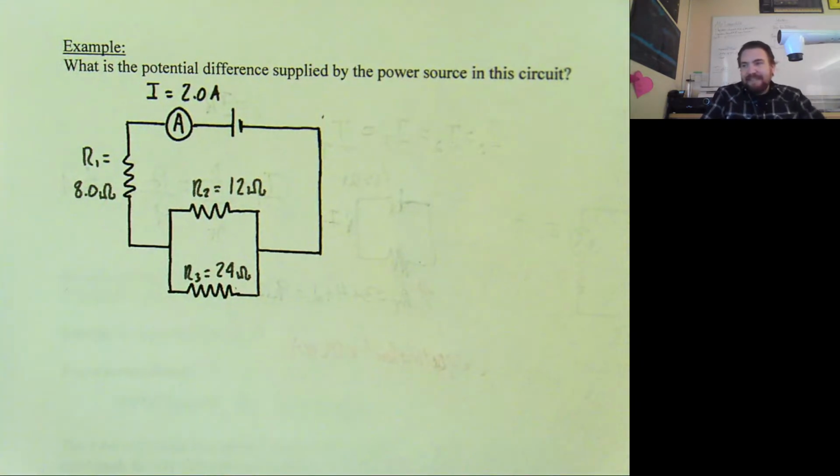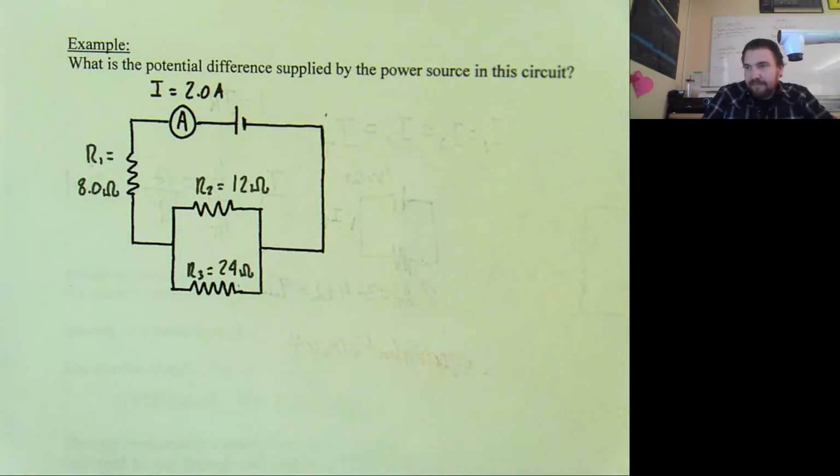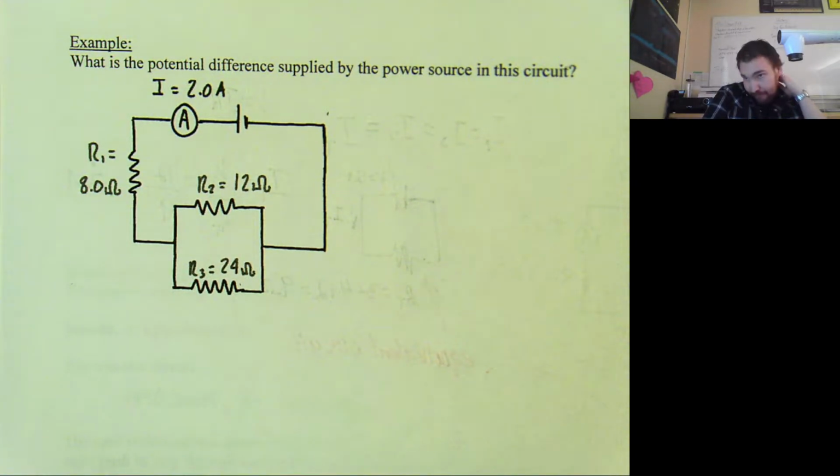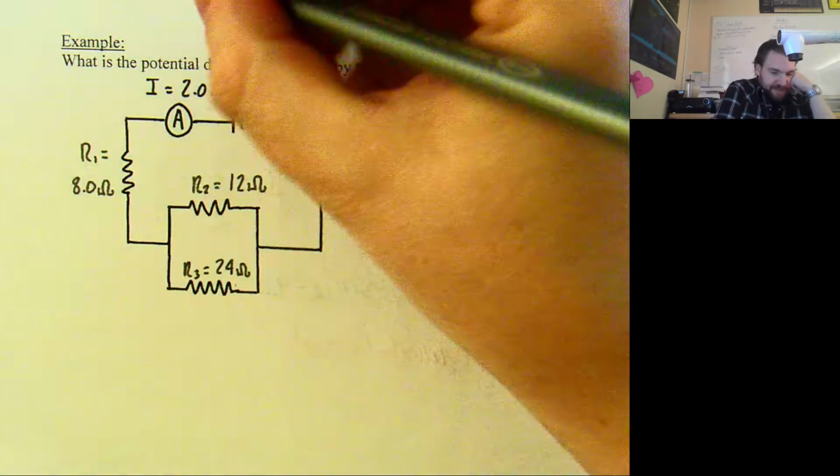What do I do with something like this? What is going on here? Well, it wants to know what the voltage is. We want to know what is the potential difference supplied by the power source in this circuit. So we're looking for VT.